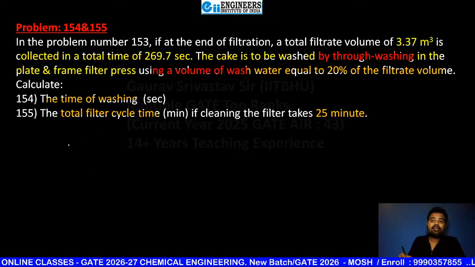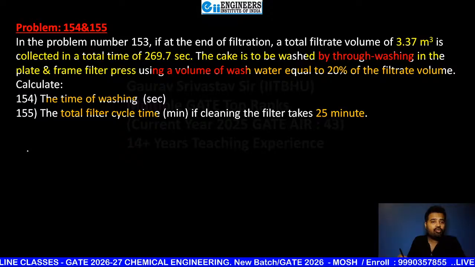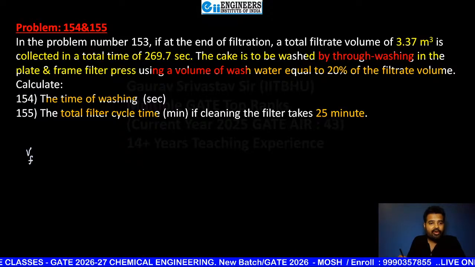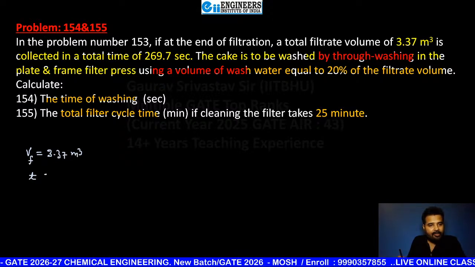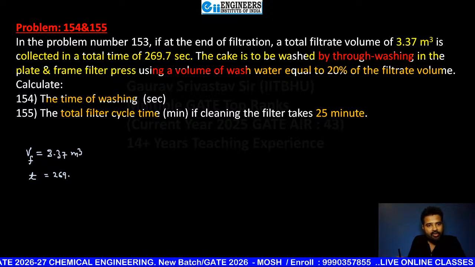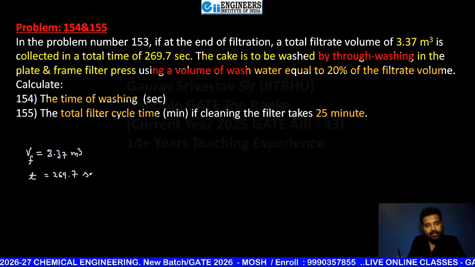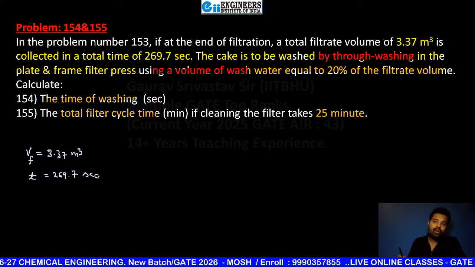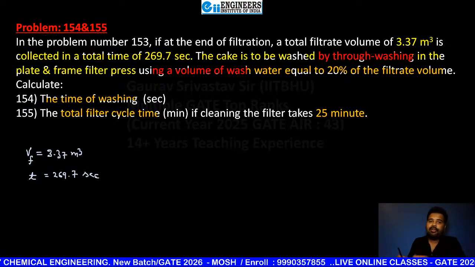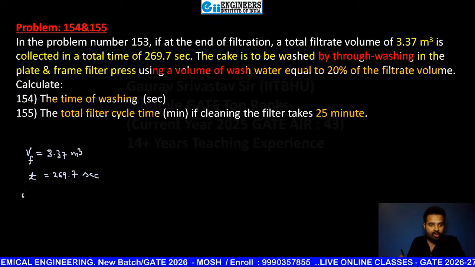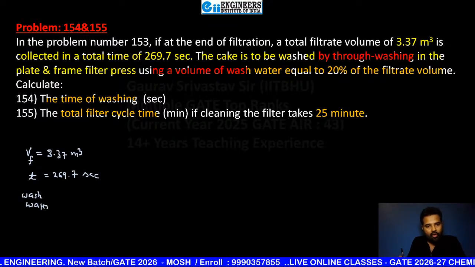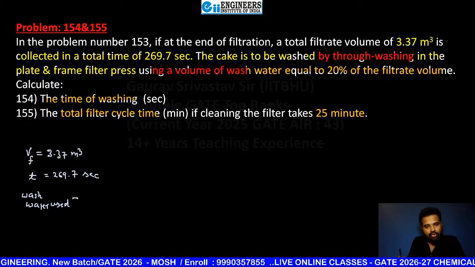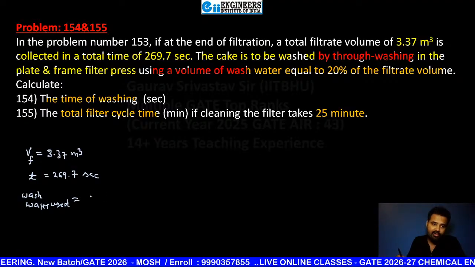So, extracting the data: total filtrate volume collected is 3.37 meter cube, and the time is 269.7 seconds. The cake is to be washed through washing in the plate and frame filter press, and wash water used is also given, 20% of filtrate volume.